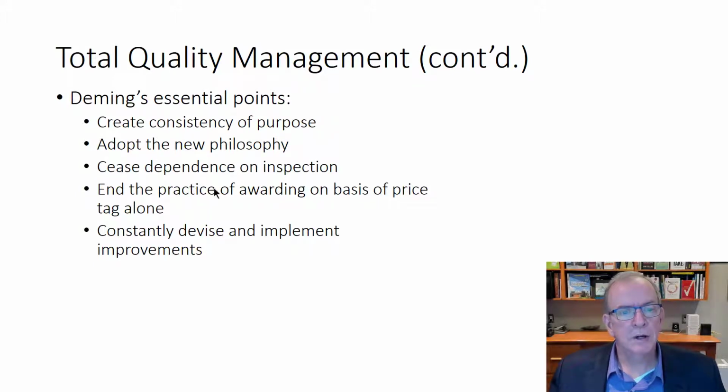Cease dependence on inspection. Provide ownership to the people doing the work, right? Instead of having separate inspections, have integration and ownership by the people doing the work. Have complete understanding of the gives and the gets.